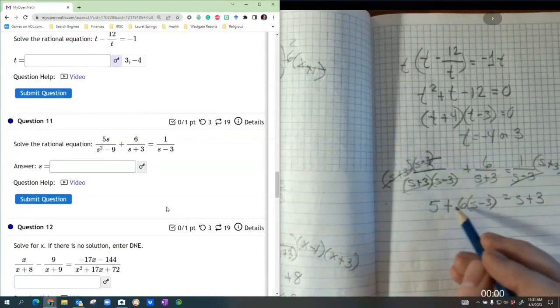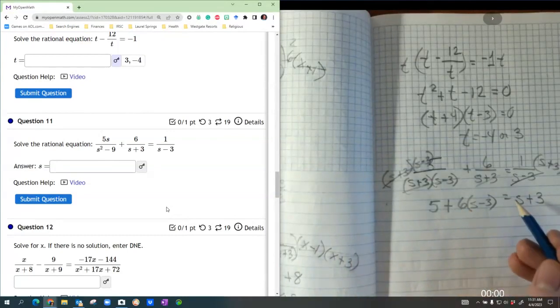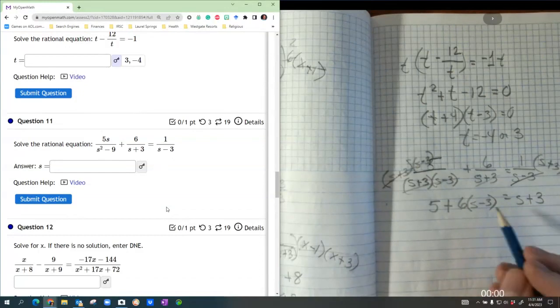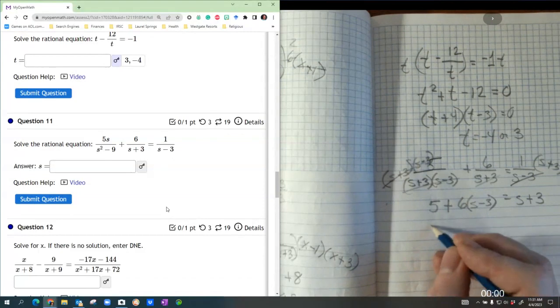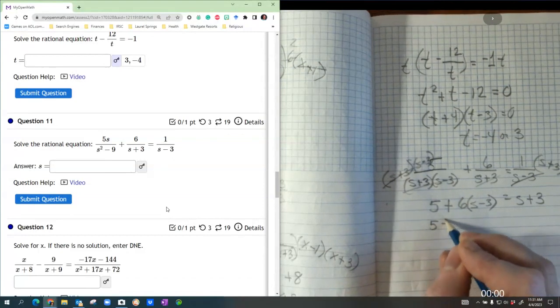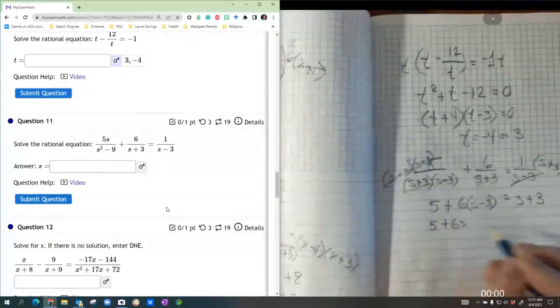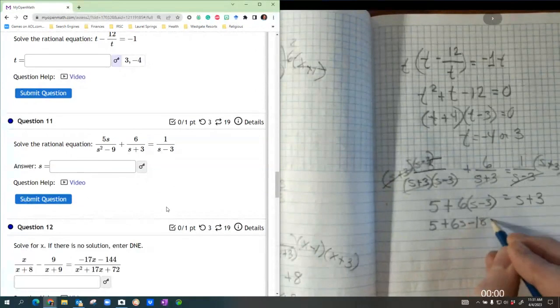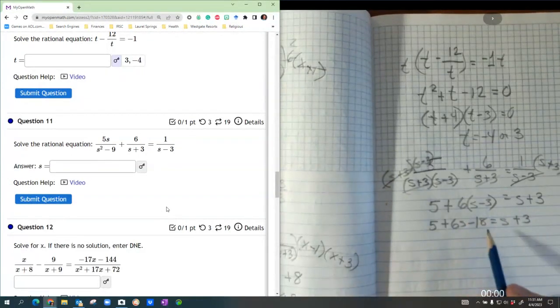Now I'm going to clean this up. There's no squared, so I'll do the distributive property first. So 5, and then 6s minus 18 equals s plus 3.